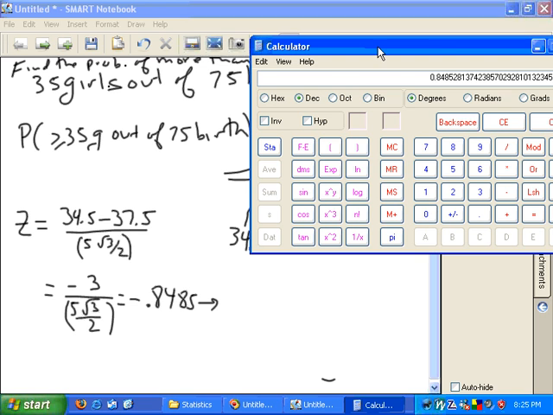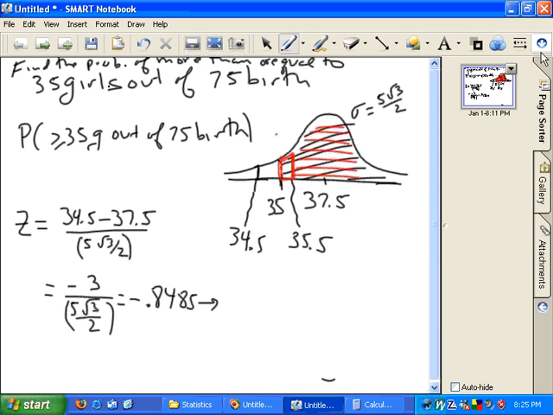And we take our trusty z-table and we see what it gives us. Now the z-table I use will give me the area below 34.5.